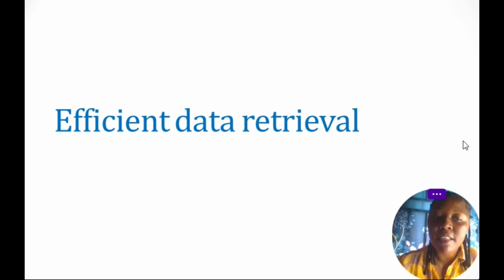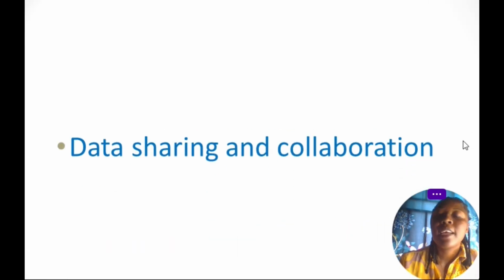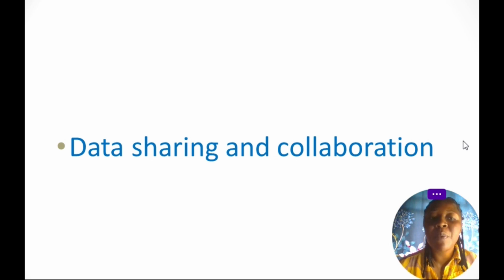Let's talk about data sharing and collaboration. Data sharing and collaboration involves multiple users and applications that can access and manipulate data simultaneously, and it also helps in reducing data silos.